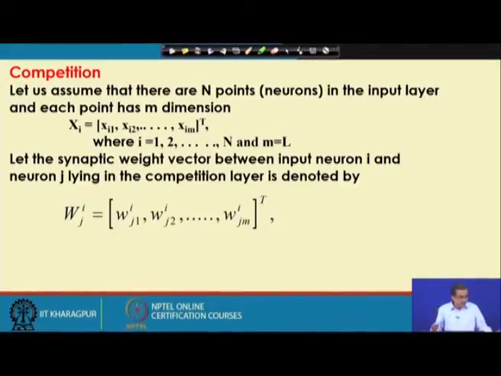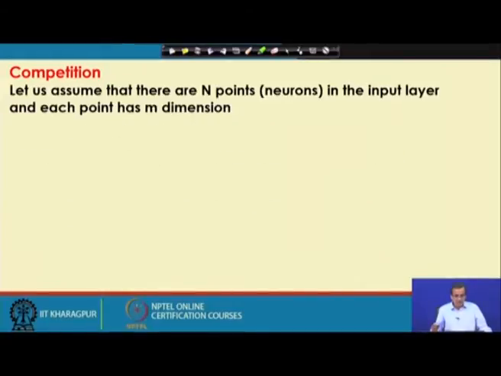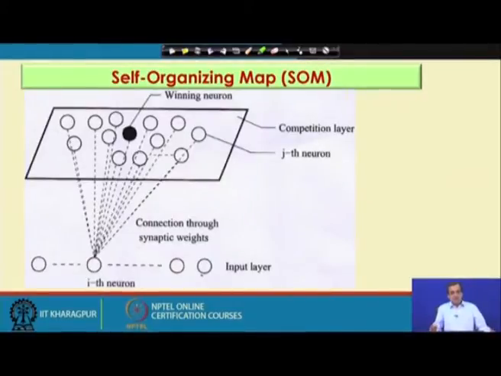Now, let me go back to the earlier slide where we saw this schematic view. Let me once again concentrate here.